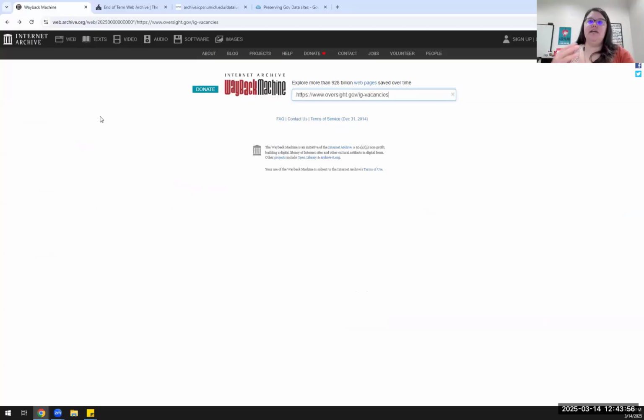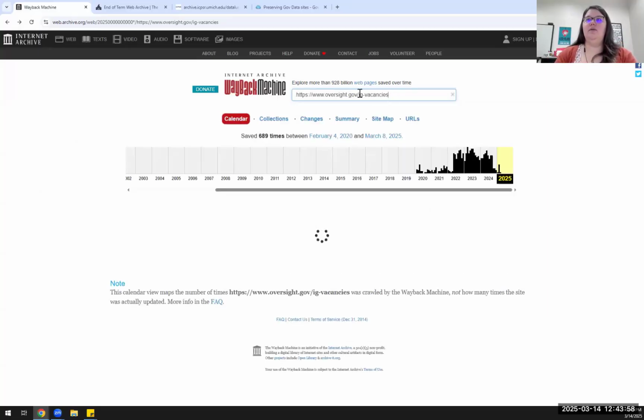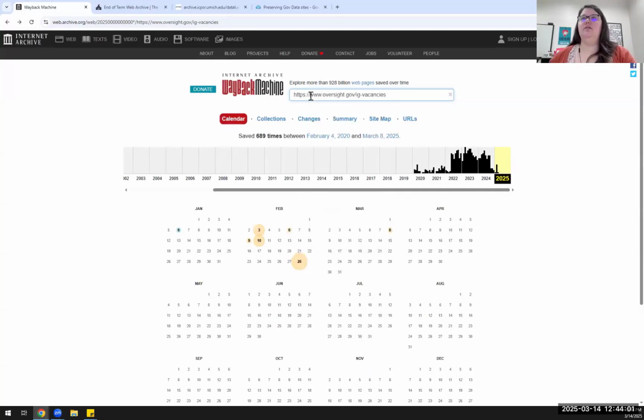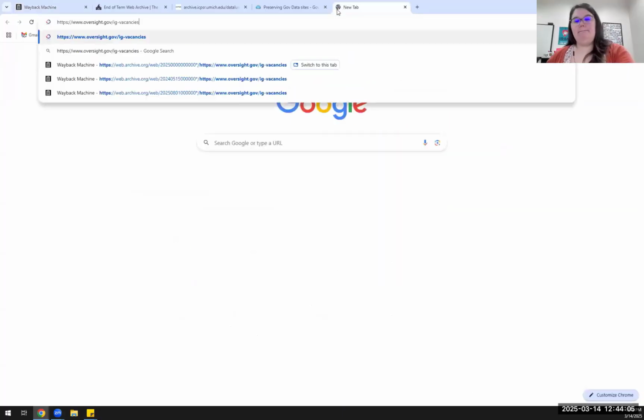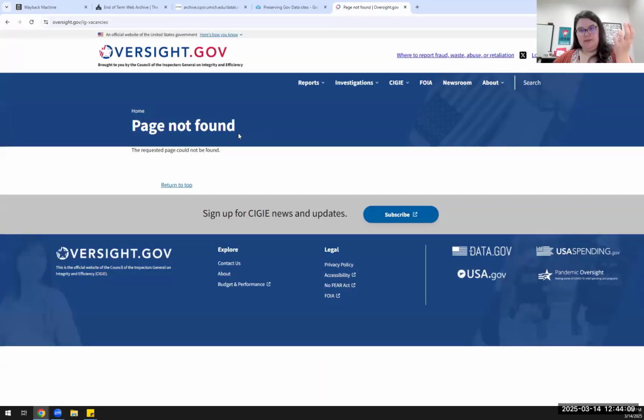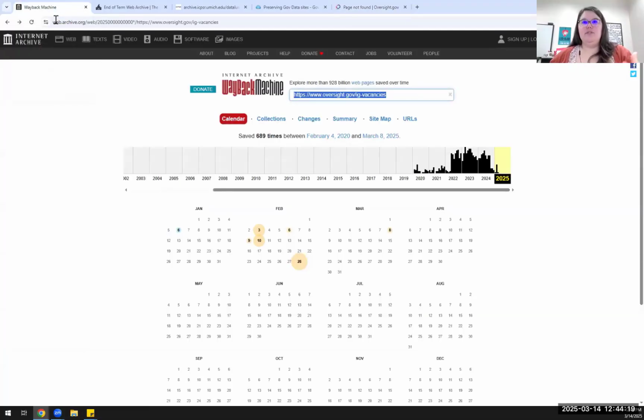When I go to the page here, let me pull this up so you can see what it currently looks like. We get a page not found error, right? So this page doesn't exist anymore, but it's from the government oversight page. Can I get the information that was there?